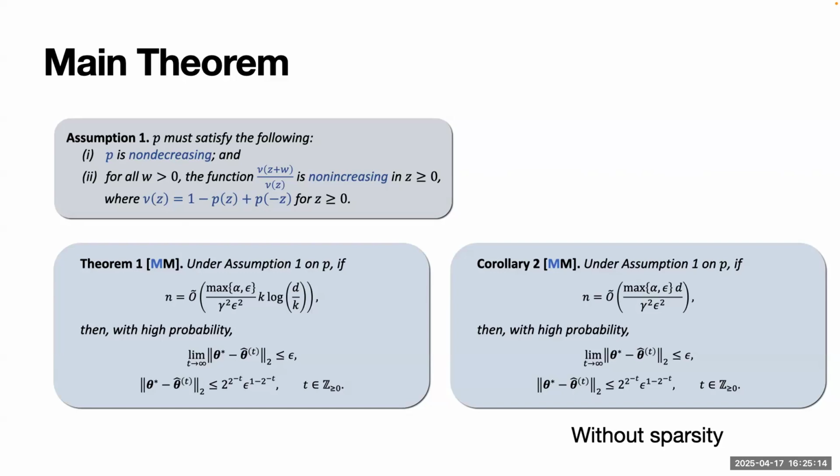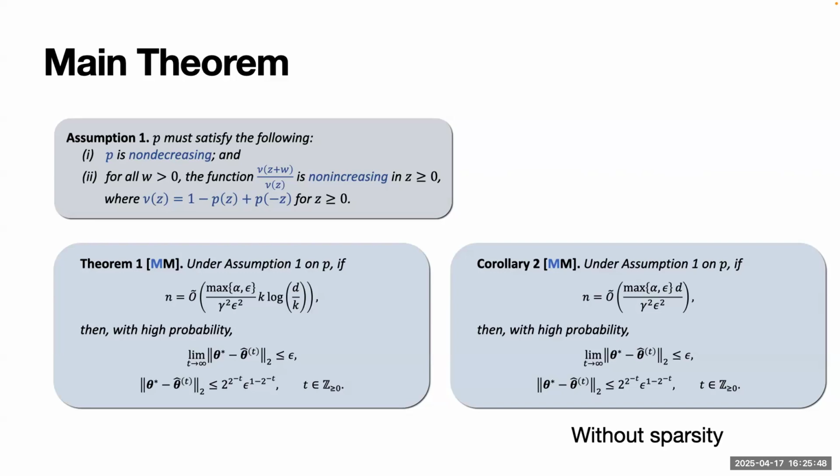Does it make sense? This holds if the link function satisfies some properties. Before I go to the properties, we can also get rid of the sparsity assumption, or you can just assume k is d, where you are not doing the projection. You get back something like parameter recovery for the generalized linear model, with a sample complexity result over here. That's basically just plugging in k equals d.